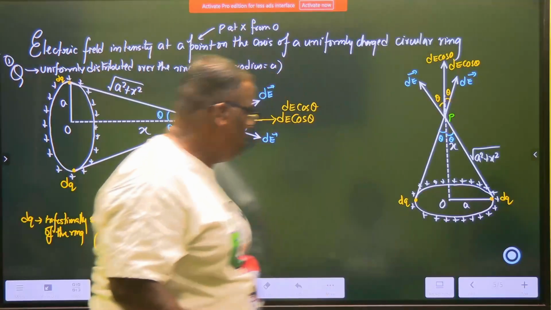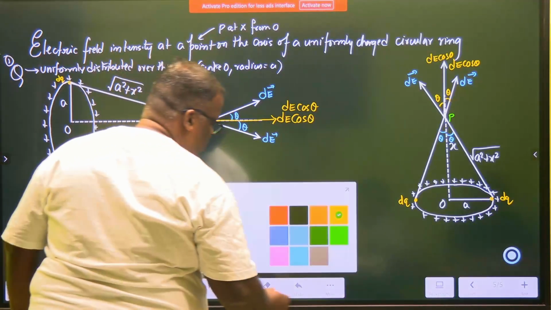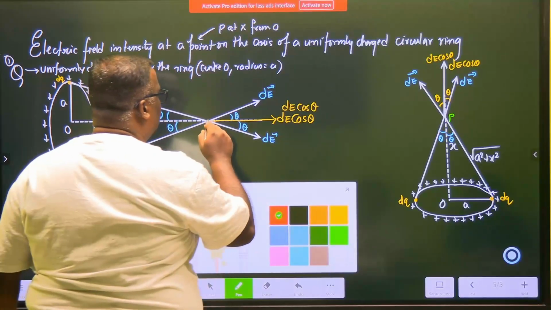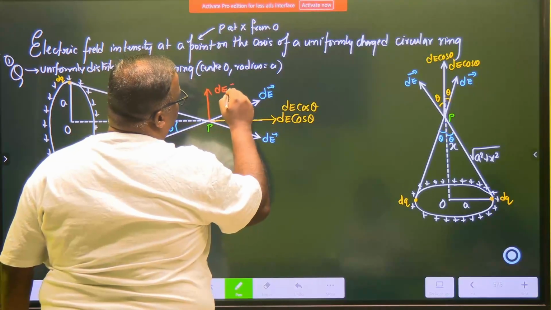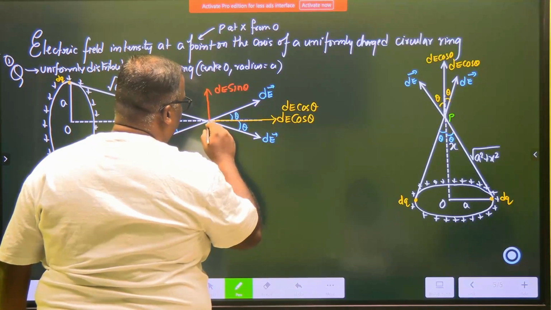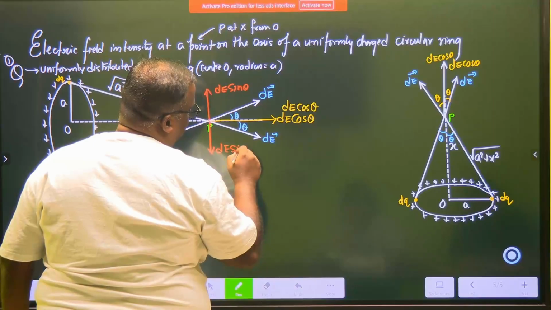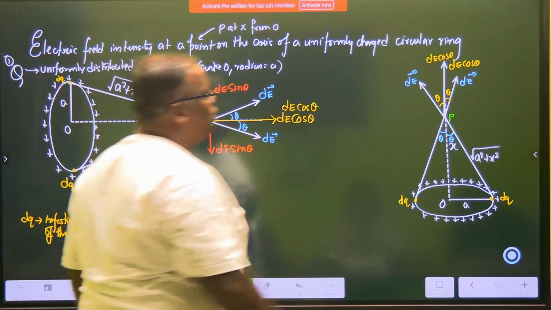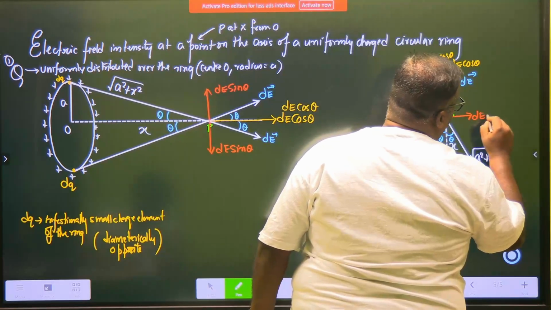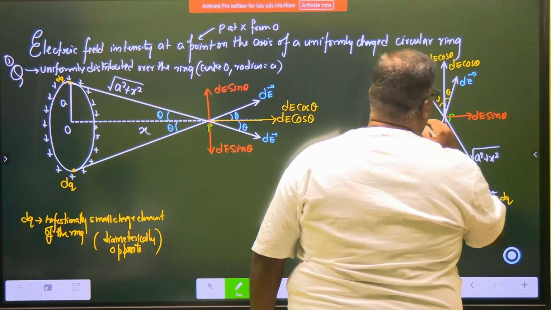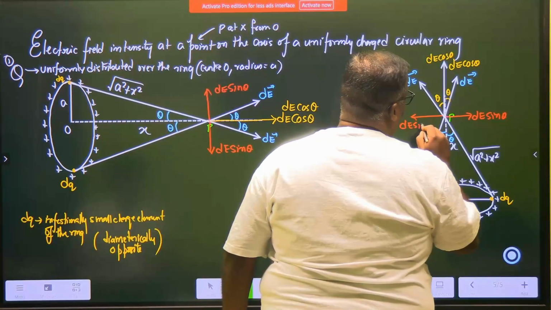Till this much is okay? Similarly, I will also have vertical components on this side called dE sine theta, and another vertical component here which is dE sine theta. In this diagram also, it will be dE sine theta, and this one will also be dE sine theta.